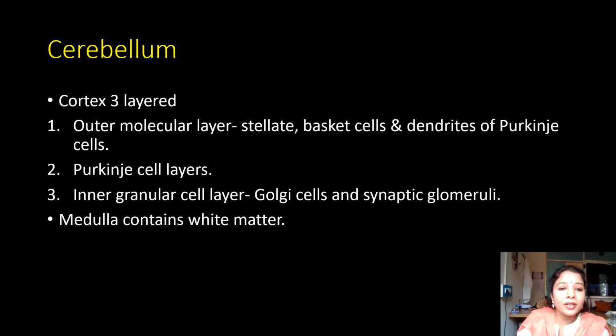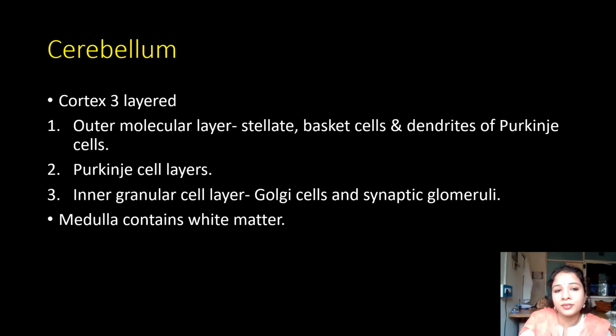The outer molecular layer consists of stellate cells, basket cells and dendrites of Purkinje cells. The second layer is a single cell layer, the Purkinje cell layer, which is the main identification feature of a cerebellum. And the third, inner granular layer mainly consists of granular cells, Golgi cells and synaptic glomeruli.